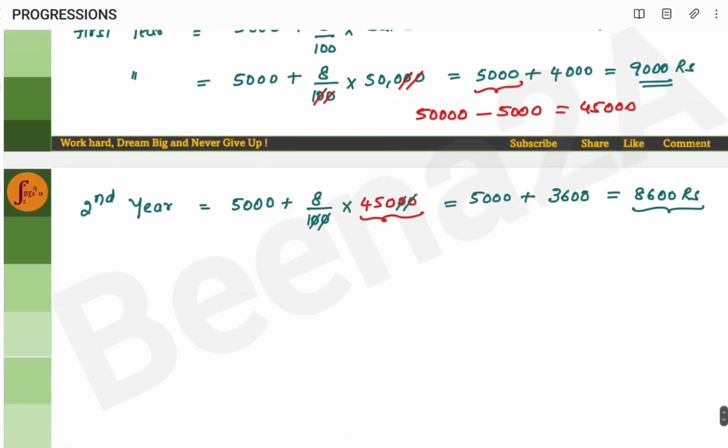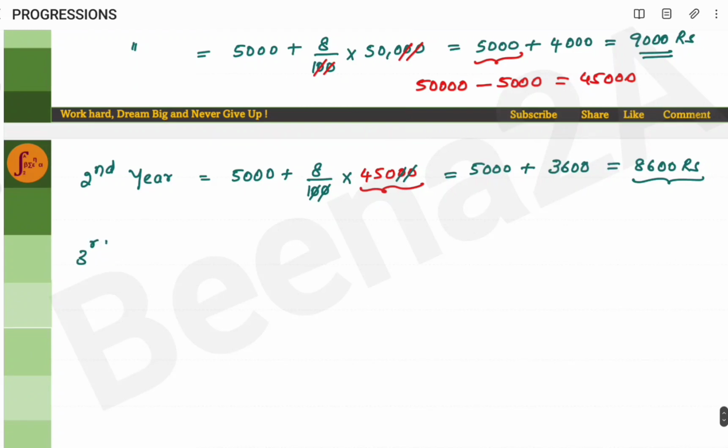Let's do the same thing for third year. For third year, again he'll pay 5,000 rupees plus 8%, 8 by 100 into balance amount. Now what is balance amount? He has paid 5,000 in the second year. He has paid 5,000 in the first year. So what is the balance? 50,000 minus 10,000.